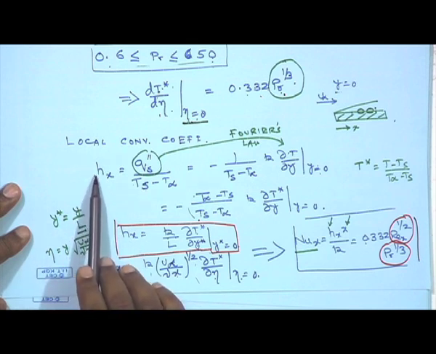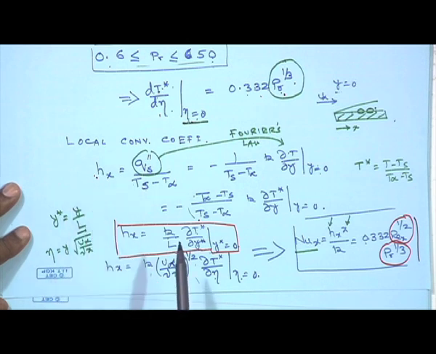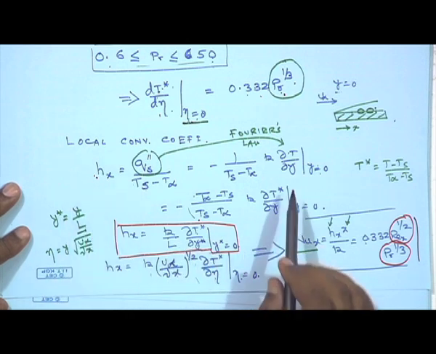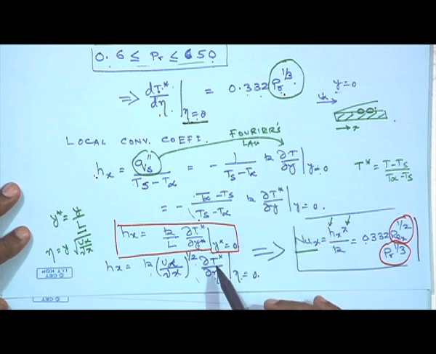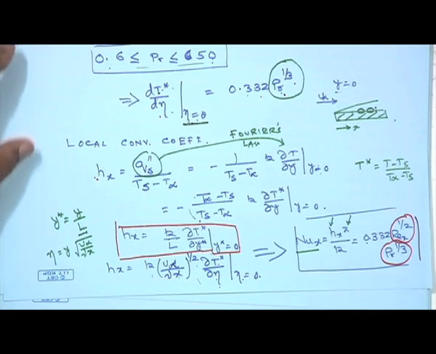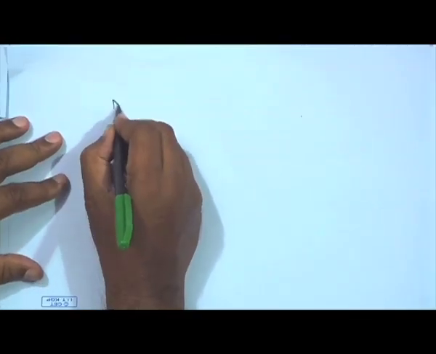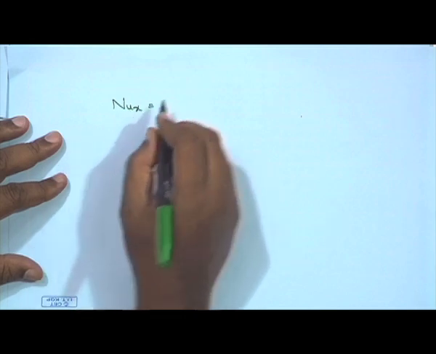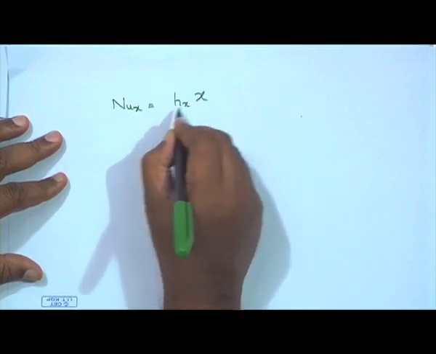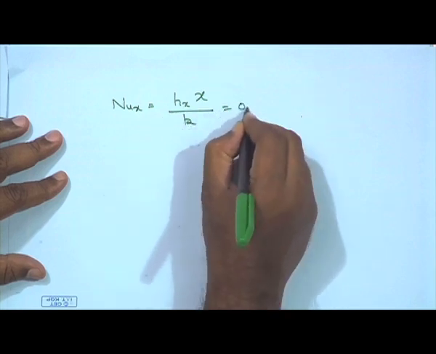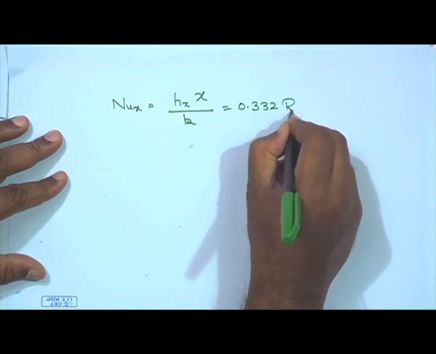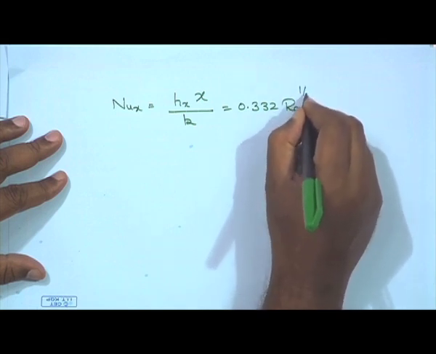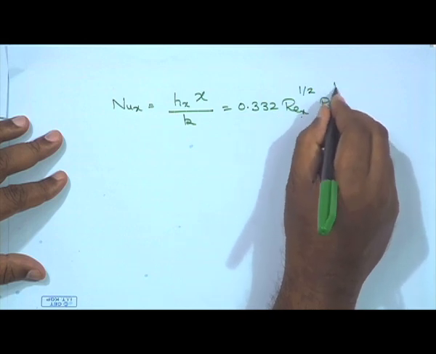Then using the definition of Hx, the local convection coefficient, and by converting the temperature and the distance to dimensionless temperature and dimensionless distance, you get a compact expression for Nusselt number, which I am sure you have seen many times before, which is Nux, local Nusselt number, equals 0.332 Reynolds, local value of Reynolds number, to the power half, and Prandtl to the power 1/3.